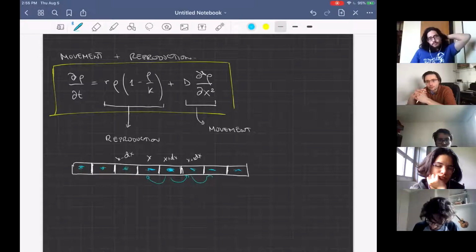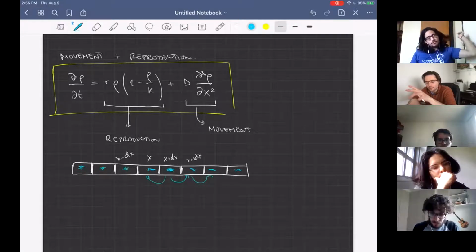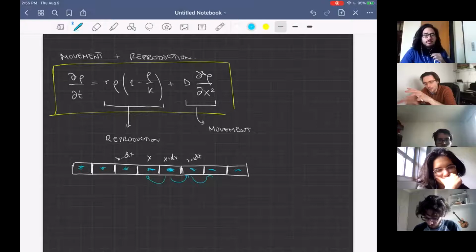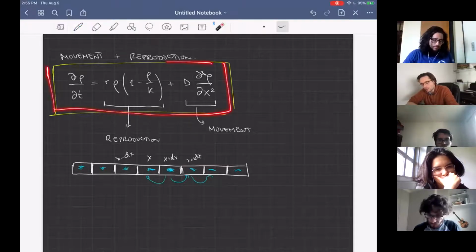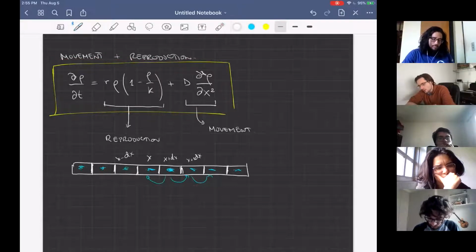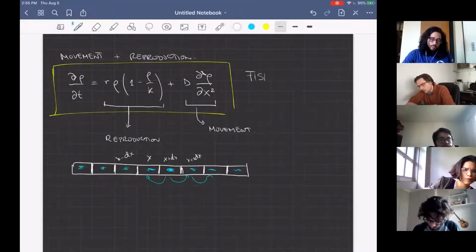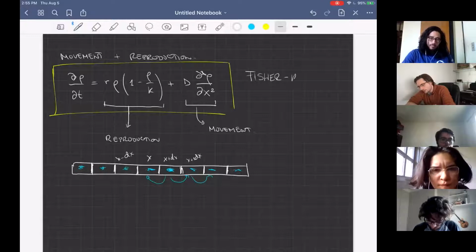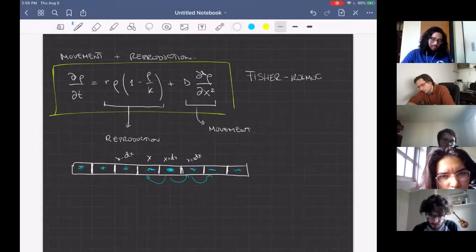With these assumptions, we get this kind of partial differential equation for the description of these populations, and this equation is usually seen in the literature as the Fisher-Kolmogorov equation.